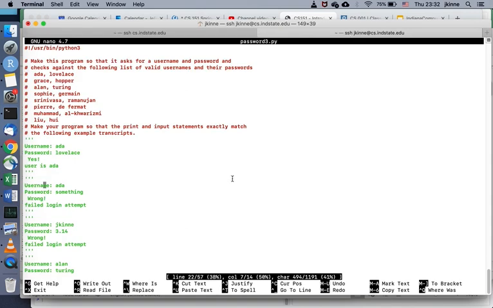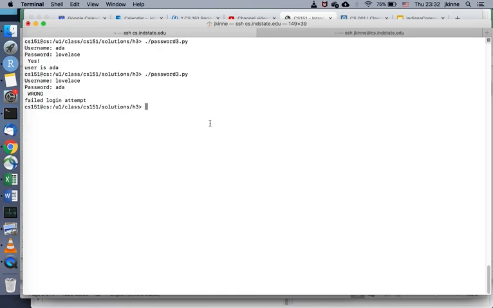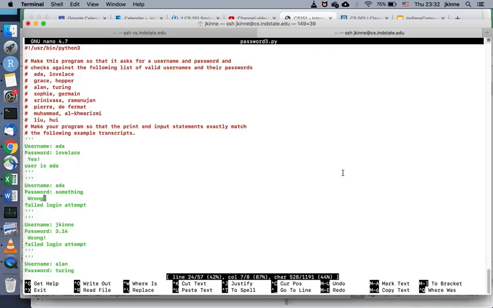And that should match. There should be an exclamation point. Okay, so we'll stick with this and make the check match what's already here with the exclamation point. Okay, so that's the password.